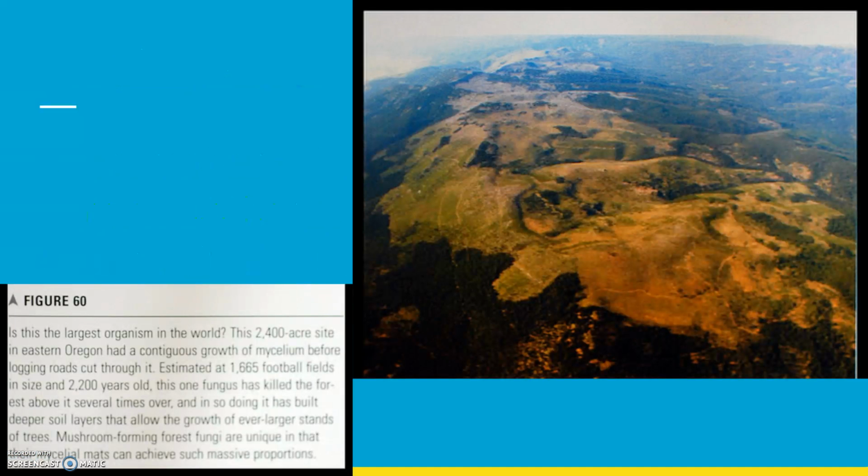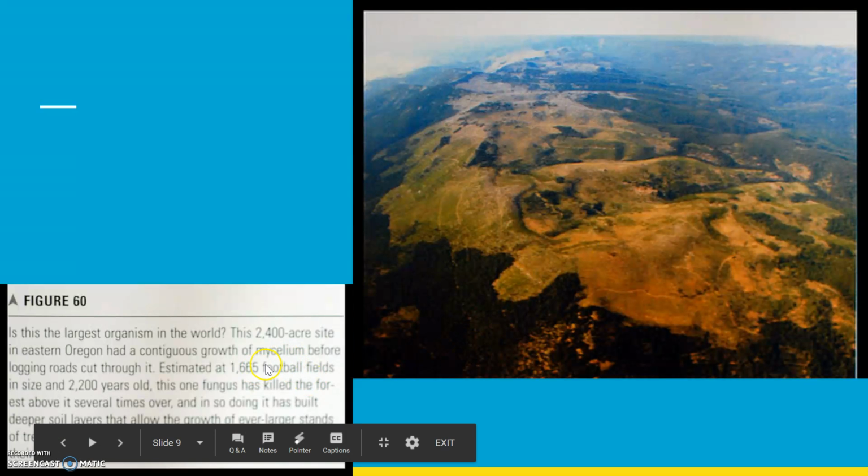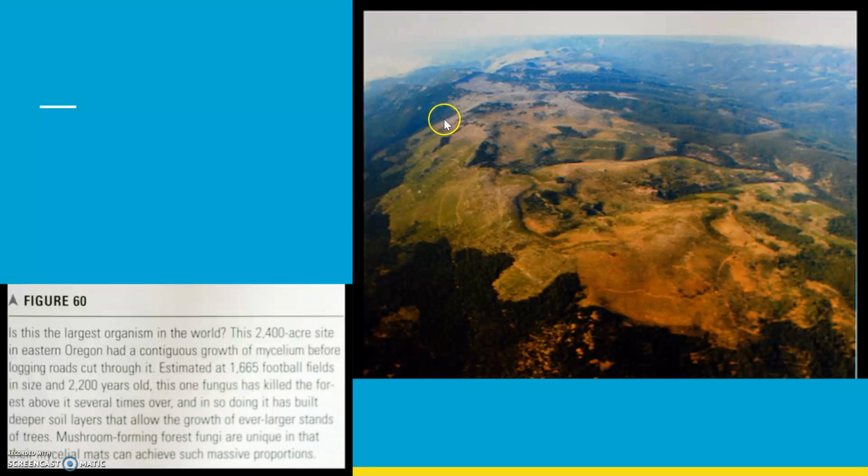So I have a pretty cool picture on the next slide. The world's largest mushroom is 1,665 football fields big, and it is over 2,000 years old. And you can see here, where the dark and the light border meet the whole way around, where it's light, all in here, this is the world's largest mushroom.